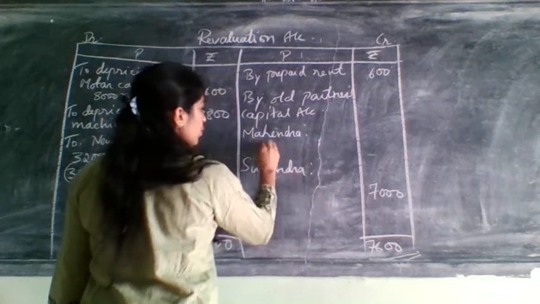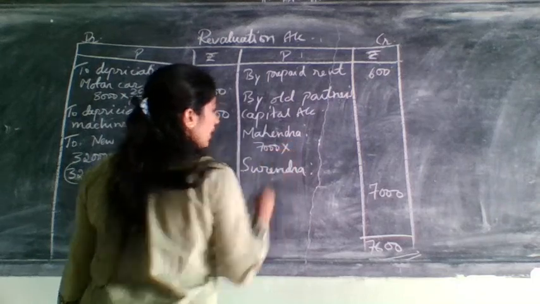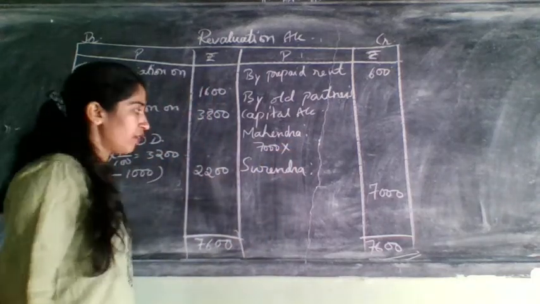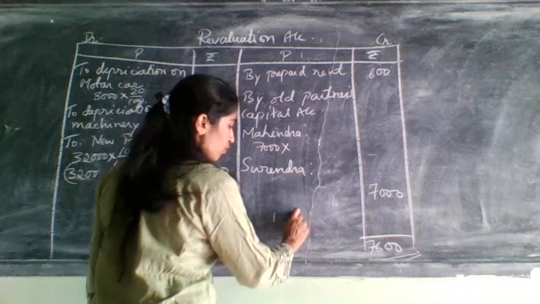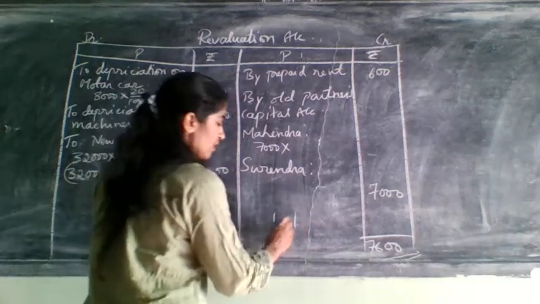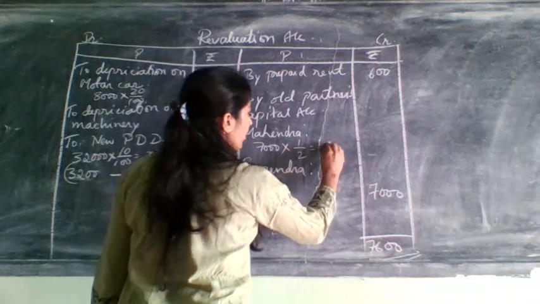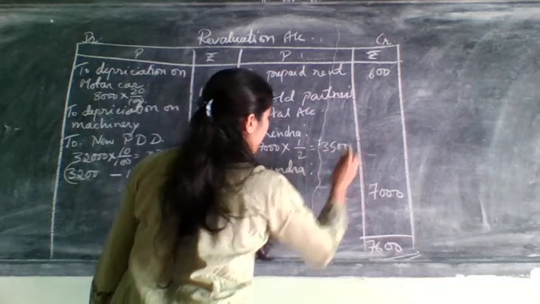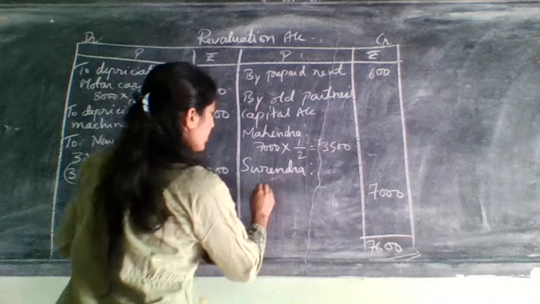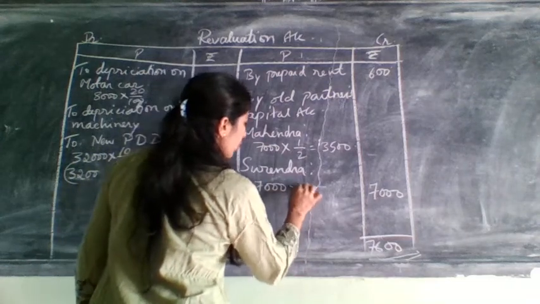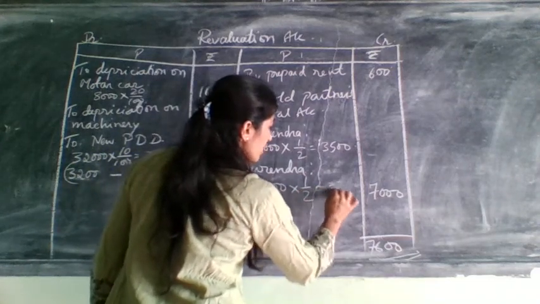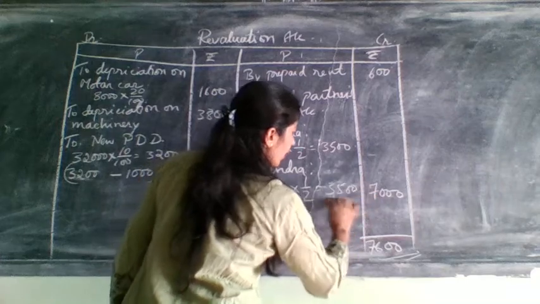This 7,000 should be distributed among them. In which ratio? Equal partners means it will come 1:1. There are two partners, so 1 plus 1 it will come 2, that is 1 by 2. It will come how much? 3,500. And here 7,000 into 1 by 2, that means here also 3,500.